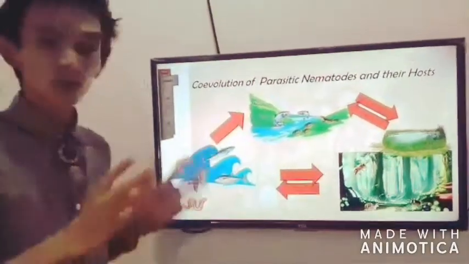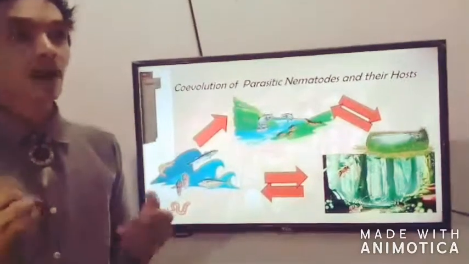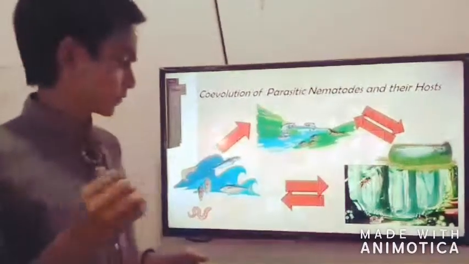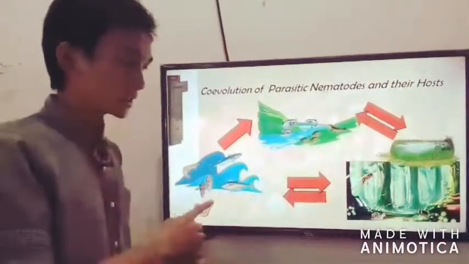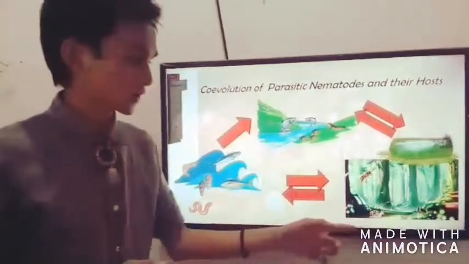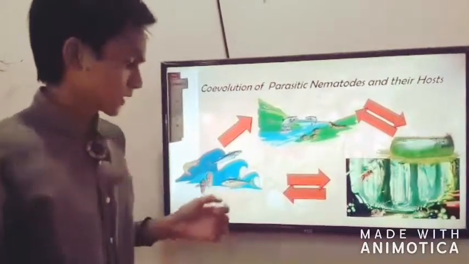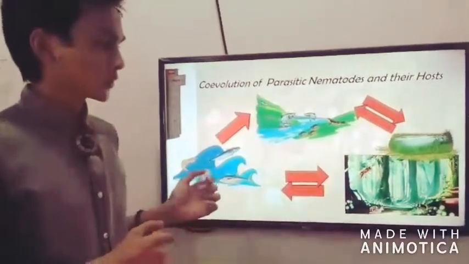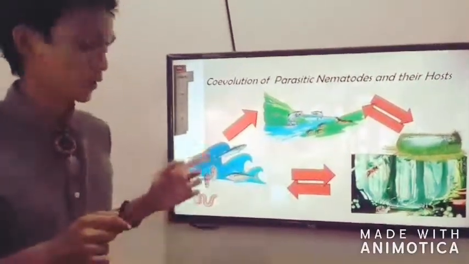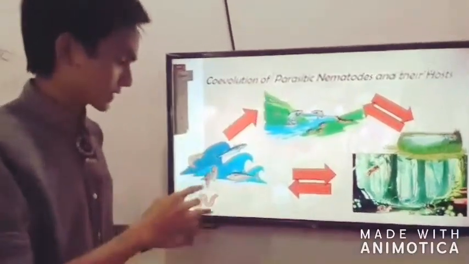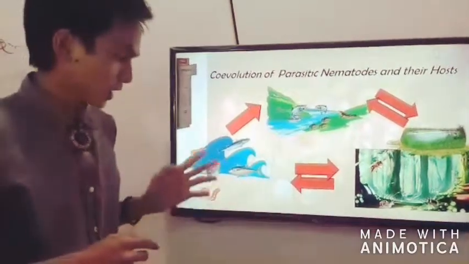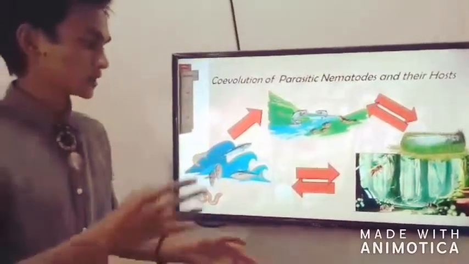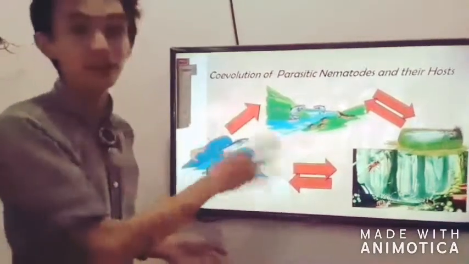So the evolution of plants and animals is commonly associated with the process of diversifying from the marine to the freshwater up to the terrestrial communities. So with the evolution of vertebrates and other invertebrates, the parasitic nematodes are their hosts, right? So this goes to say that with the evolution from the marine to the freshwater to the terrestrial environments, the nematodes have proliferated along with them.